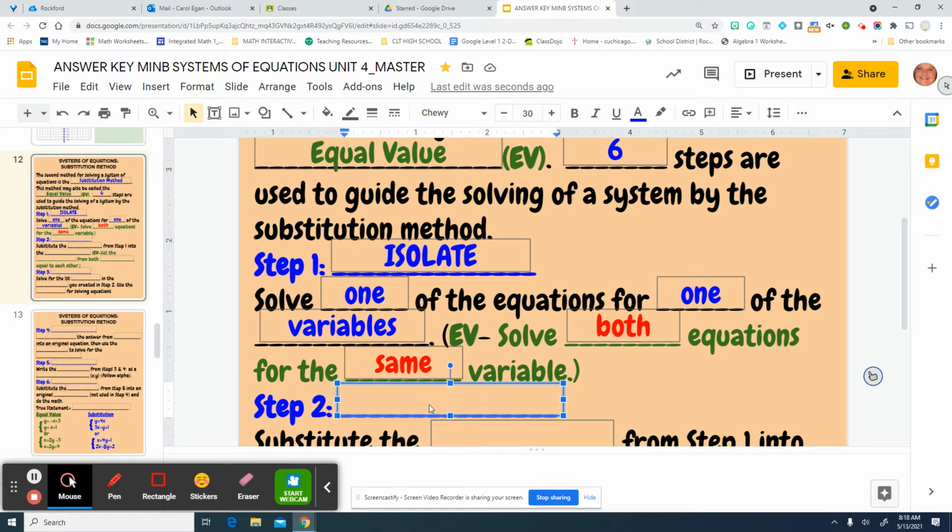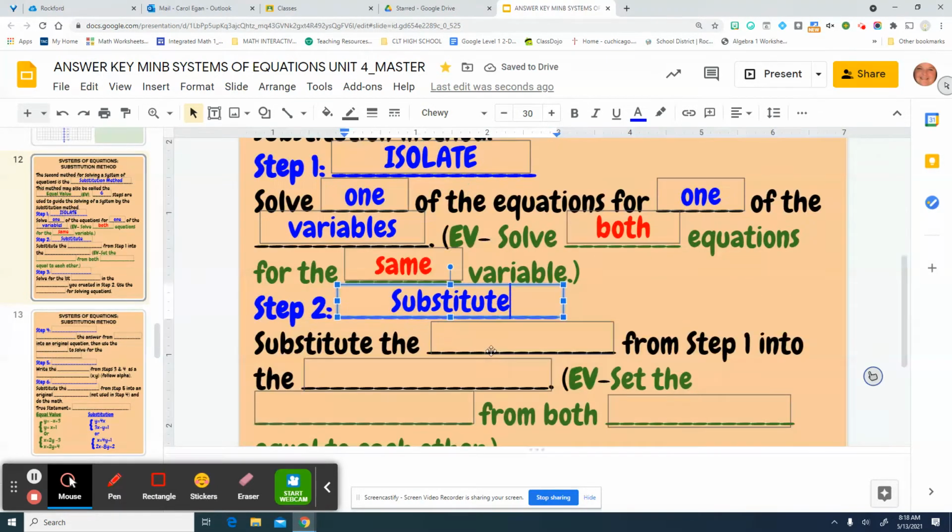Step 2 is substitute. And this is where we're going to substitute the expression from step 1 into the second equation.